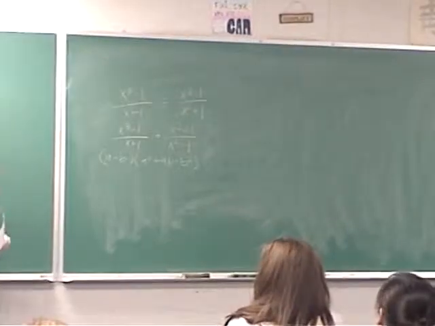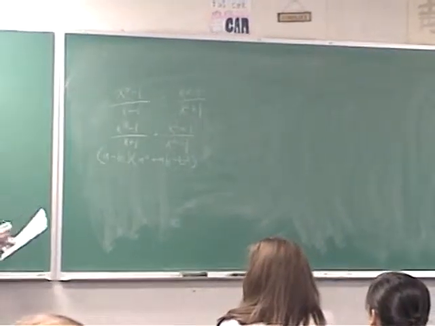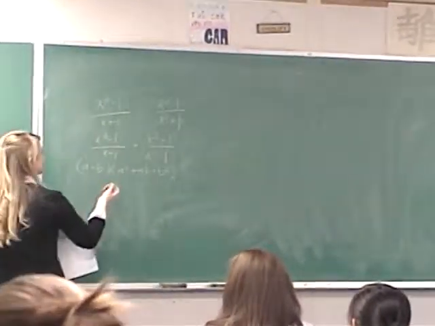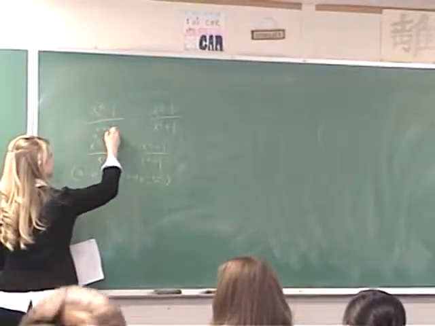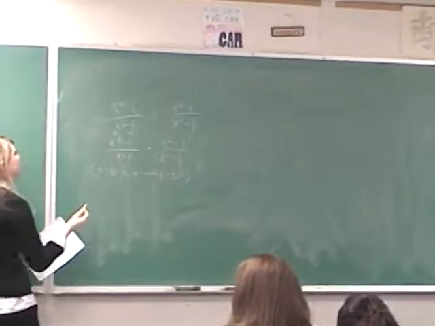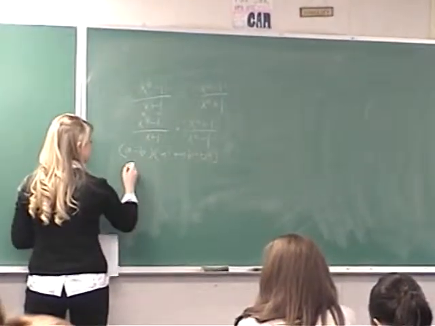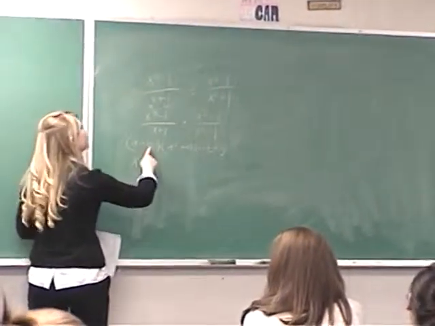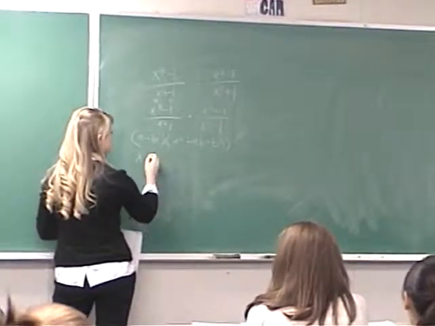Does that help anyone? No? Okay. So this is our A and our B. So we're doing the difference of 2 cubes. Come down here and it's A, which will be x, and B is just 1.